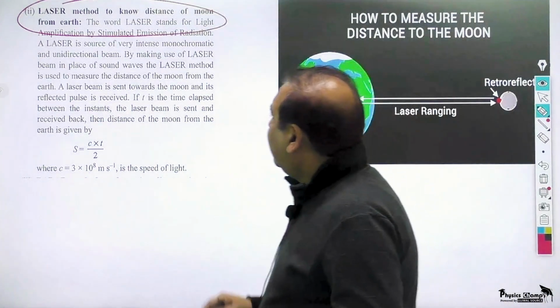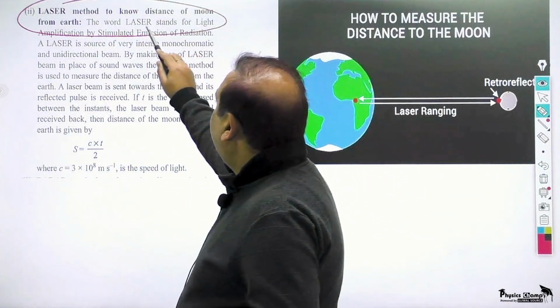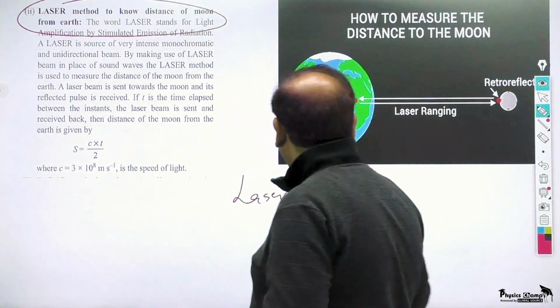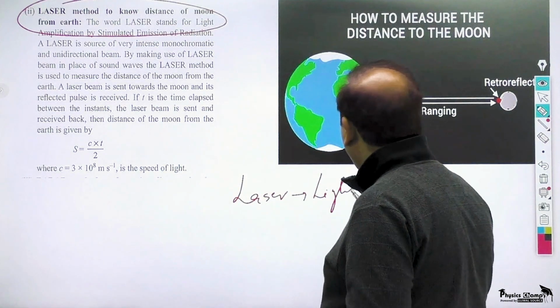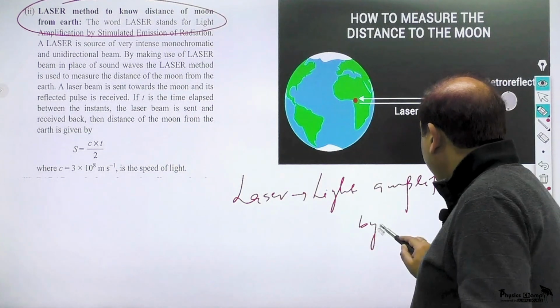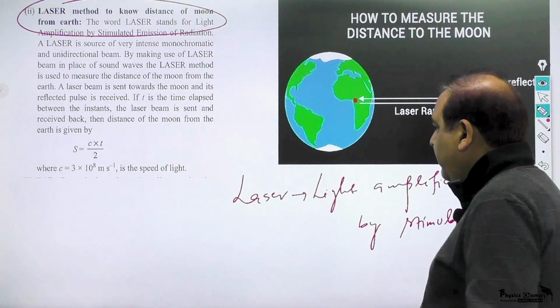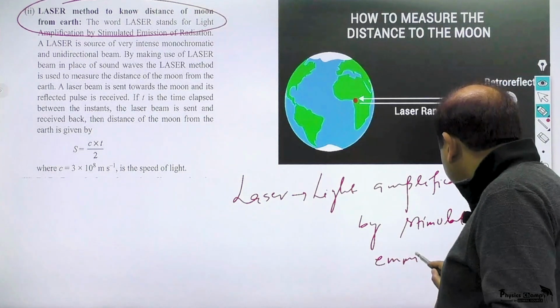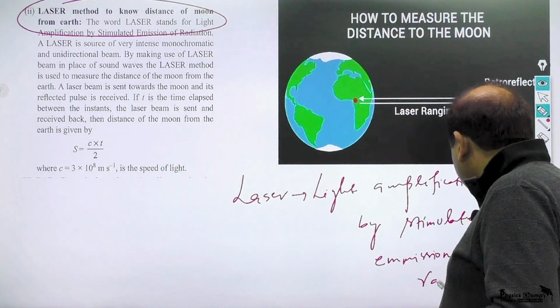So laser, how do we define laser? It is light amplification by stimulated emission of radiation.